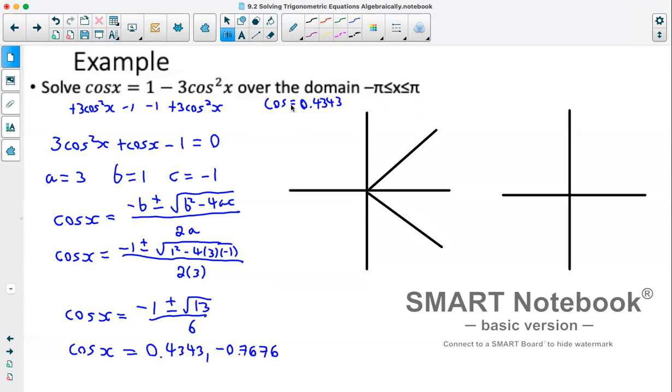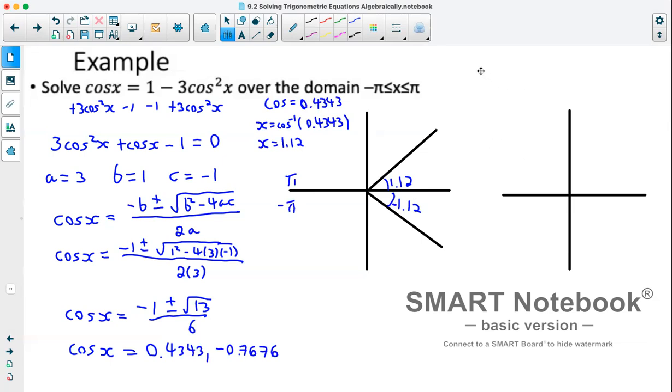So we'll go x is equal to cos inverse of 0.43, which gives us 1.12 radians. So this reference angle is 1.12, but we're going just to positive pi and to negative pi. So therefore, this overall angle down here is negative 1.12.